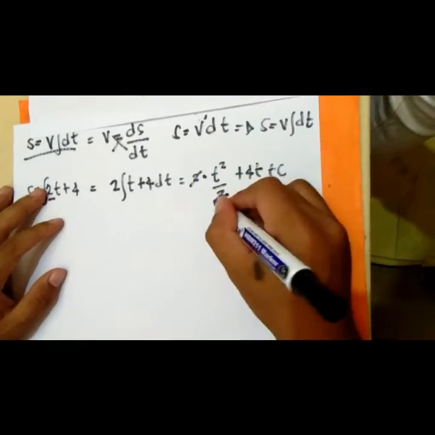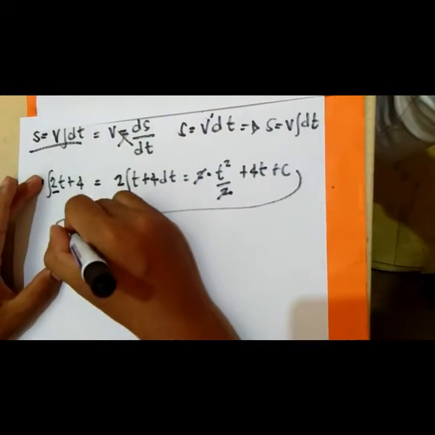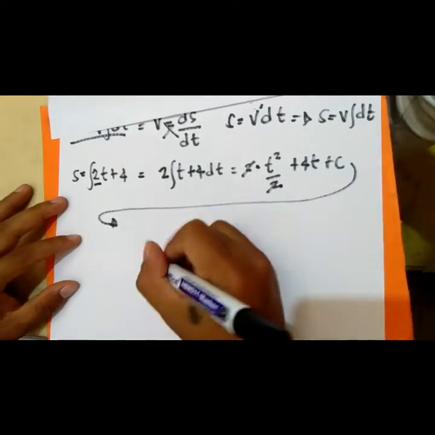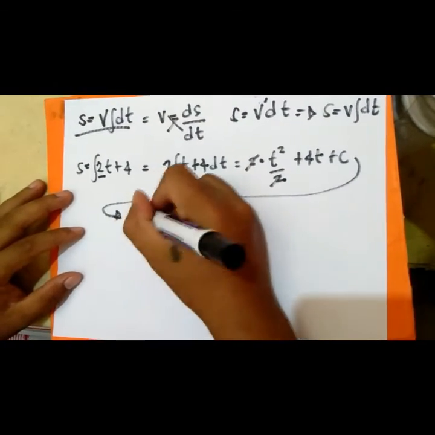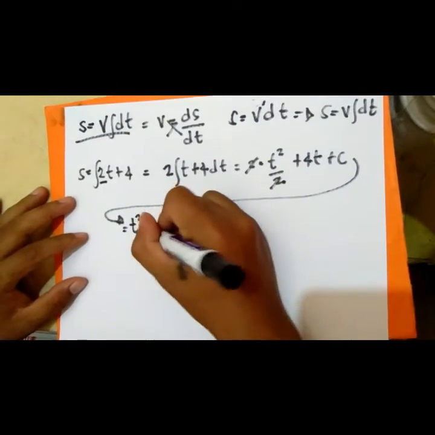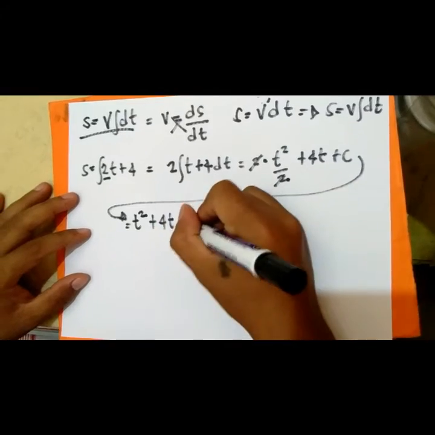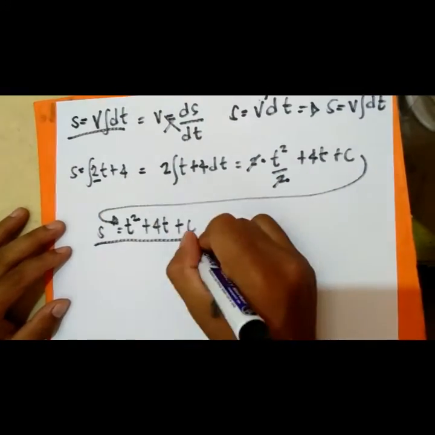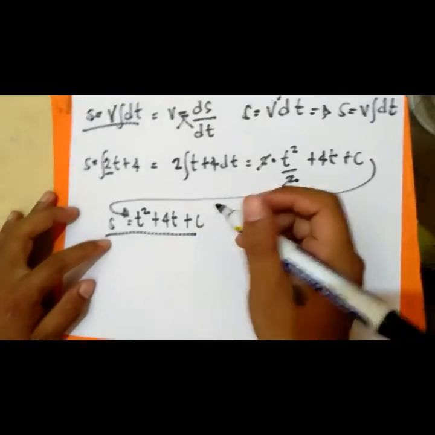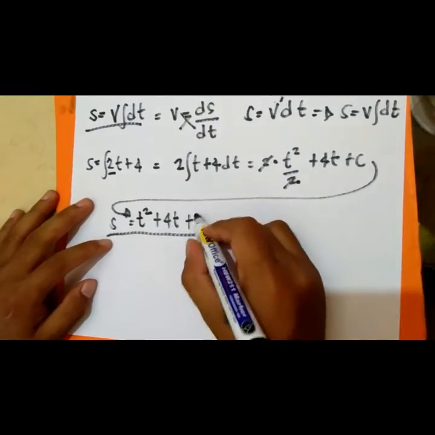So cancel out the 2. This will become t squared plus 4t plus c. So we now have the equation of the motion, but we still don't know the value of c.